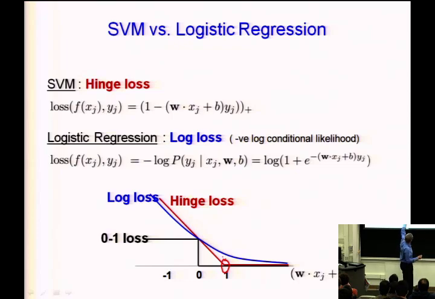So the penalty in logistic regression continues even as you're doing the correct classification, so long as some of the probability mass is misassigned. I find this an intriguing way of thinking about the relationship between some of these methods, and I just wanted to expose you to that.